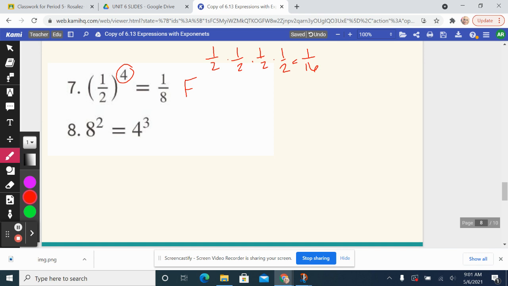Okay, and then the last one for this section, 8 squared just means 8 times 8, which is 64. And then 4 to the 3 just means 4 times 4 times 4. And that answer is 64 as well. So number 8 is true.